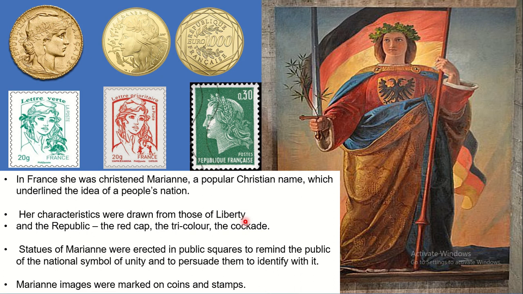Statues of Marianne were created everywhere in public squares to remind the public about the national symbol of unity, and also to persuade them to identify with it. Not only this, they also made coins and stamps with her name.